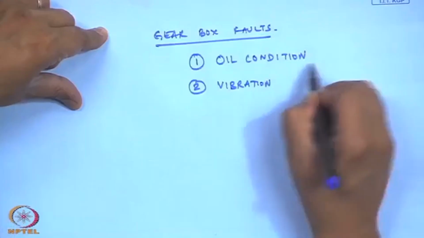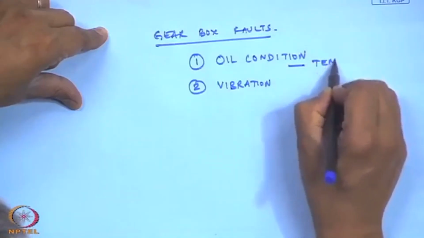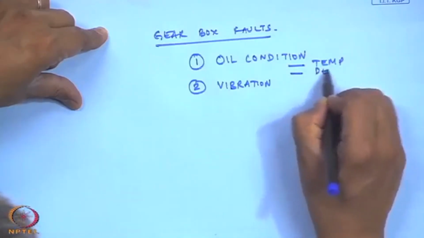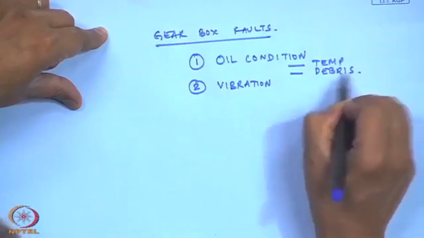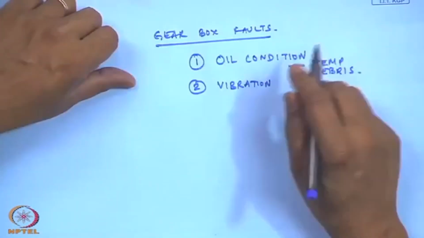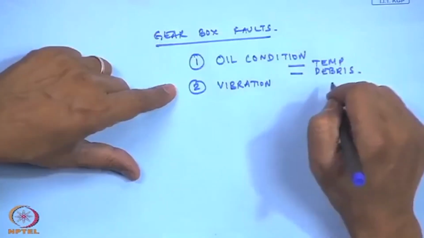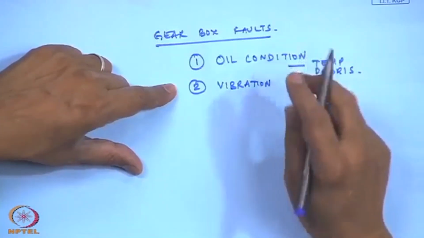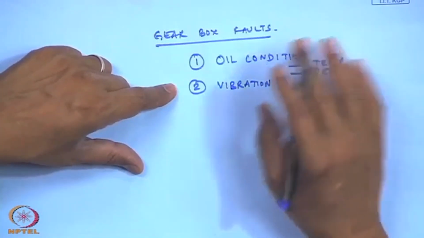In oil conditions we have temperature and the debris. But the interesting thing about the vibration is that in a gearbox there are bearings, there are gears. So, how do you know that the vibration is not because of the bearings and it is only because of the gears? That is the power of vibration signature analysis.